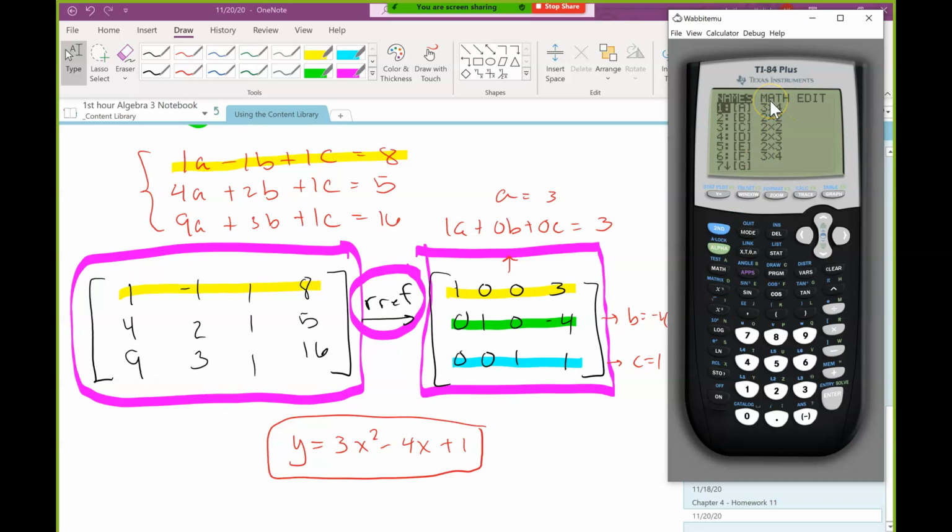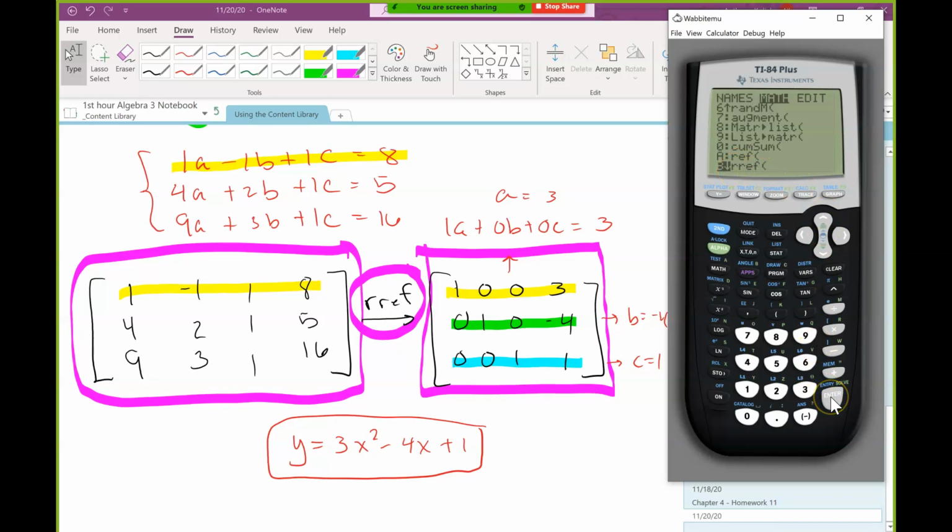And this time we're going to go over to the Math tab. And then we're going to scroll down until we see the command rref. Make sure you use the command rref and not ref. So there should be 2 R's.